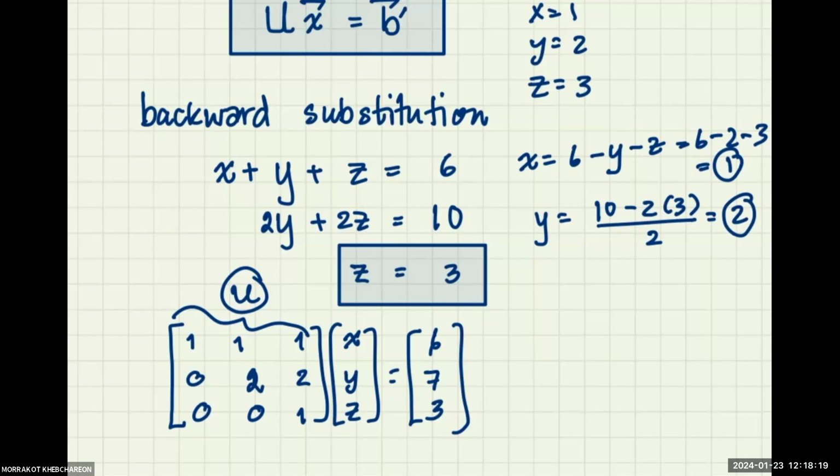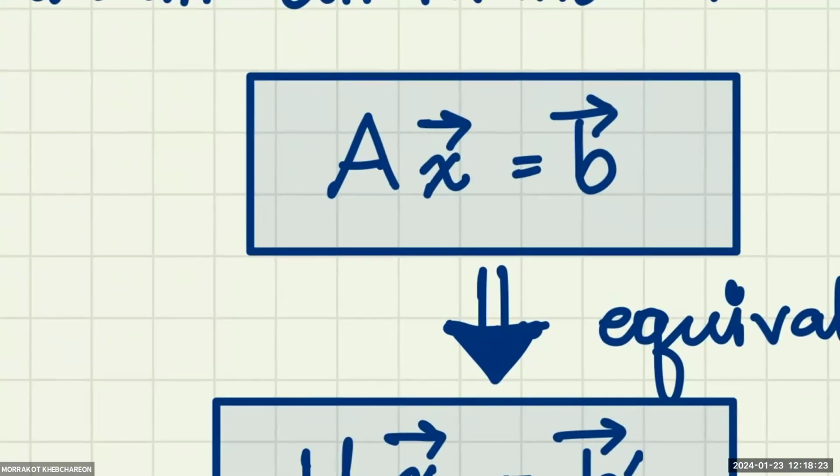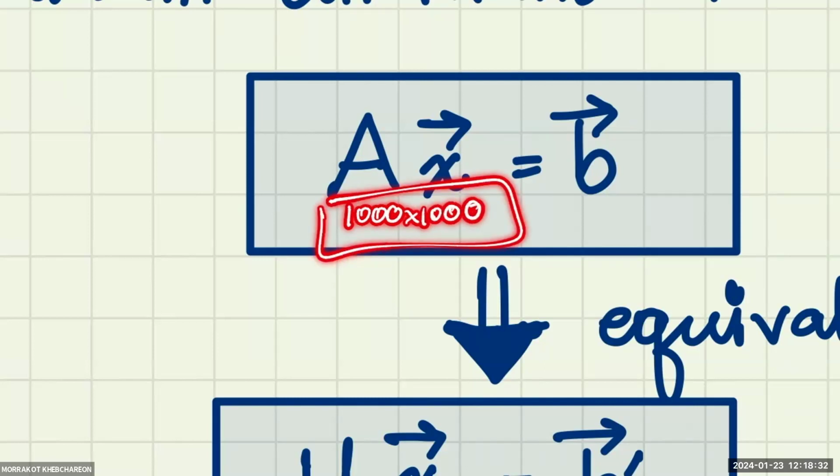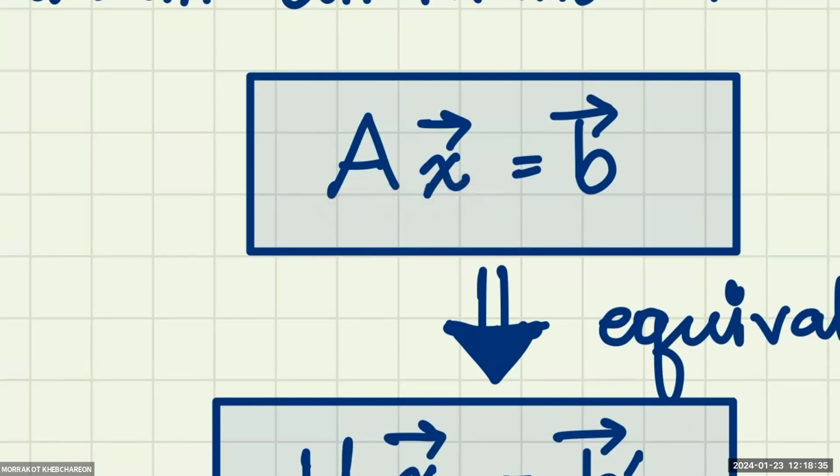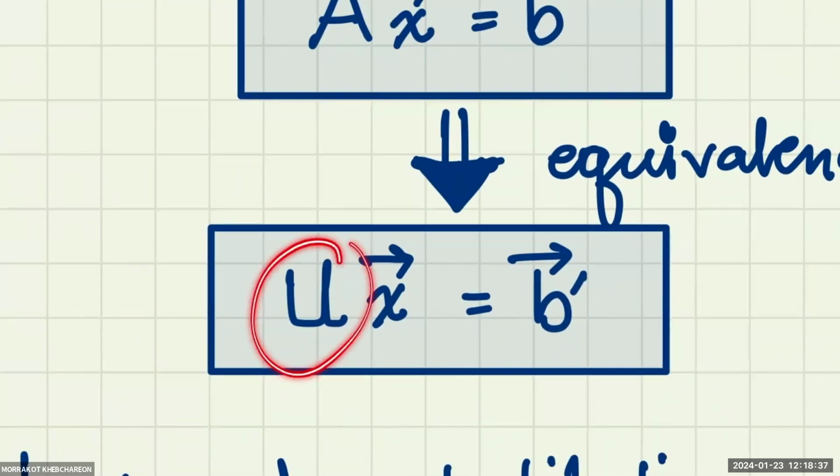So the thing is, later on, even if A is 1000 by 1000, by using Gaussian elimination you can reduce A to U. Once you have U times x equal to b, you can use back substitution. Keep repeating the same procedure until you get all the unknowns you want.